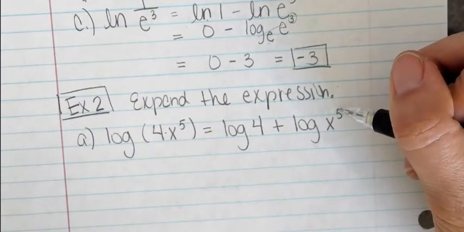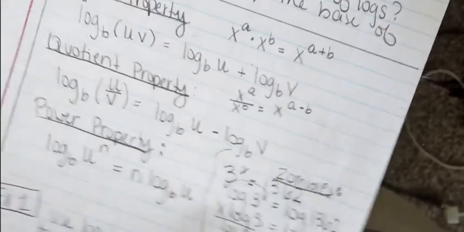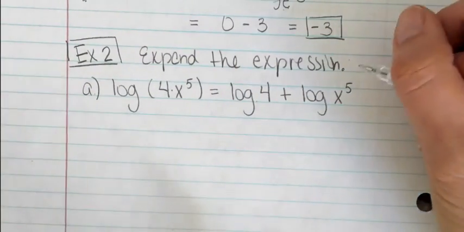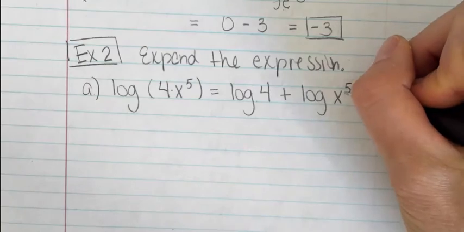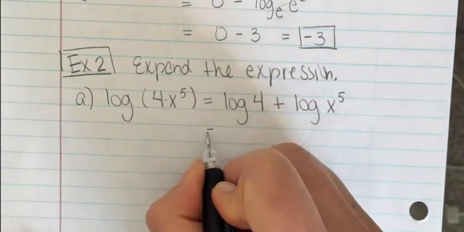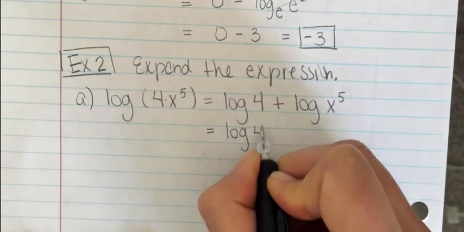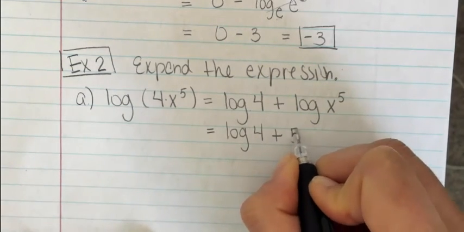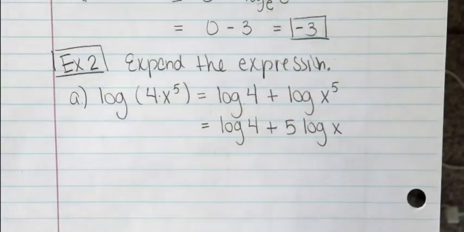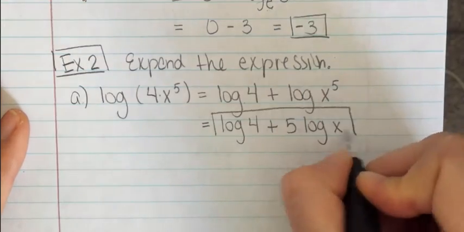Different textbooks call it different things. We're going to use the power property now because I still have this power, and we're going to bring it down. So we'll now have log of 4 plus 5 times log of x. There's nothing more I can do. I've used all my properties, so this will be my answer.